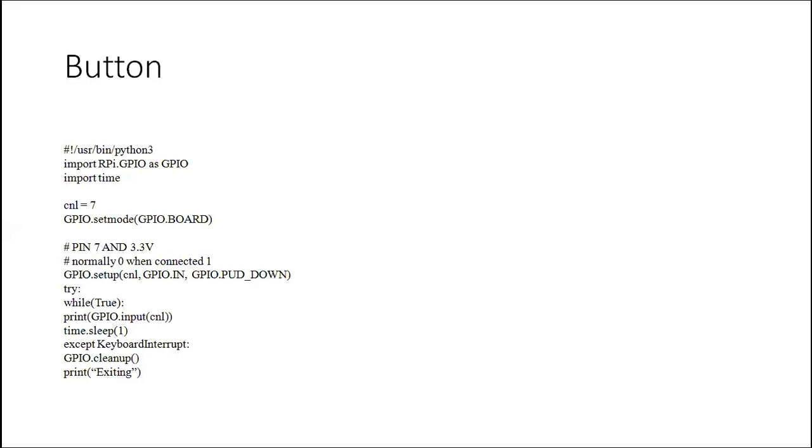In the same way, if the user presses the button and some event has to occur, what we can do is use a method called add event method. That add event method we can add to this particular pin, so that when the user presses the button, the LED has to glow, or some other event has to occur. That event we can specify through a callback function.